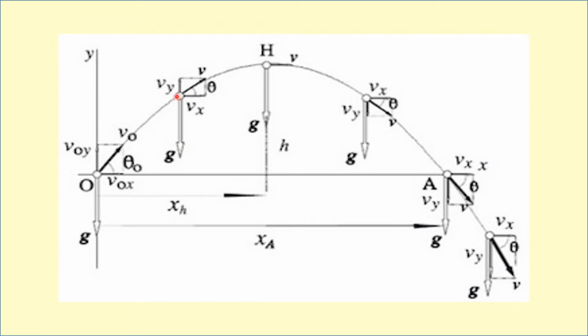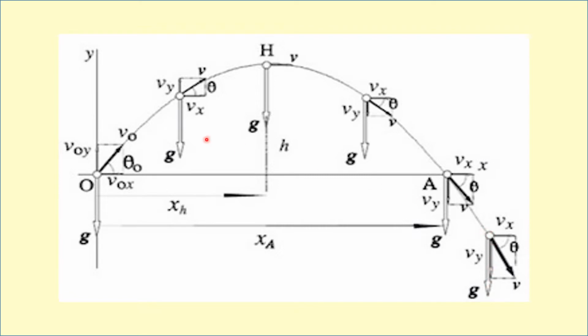Whether the body is on its way up, at the maximum height reached, or on its way down, when it reaches that point, which is of the same level as the initial position, or if there's still space to move further down, then we also include that position there. The acceleration due to gravity is still there, constant.